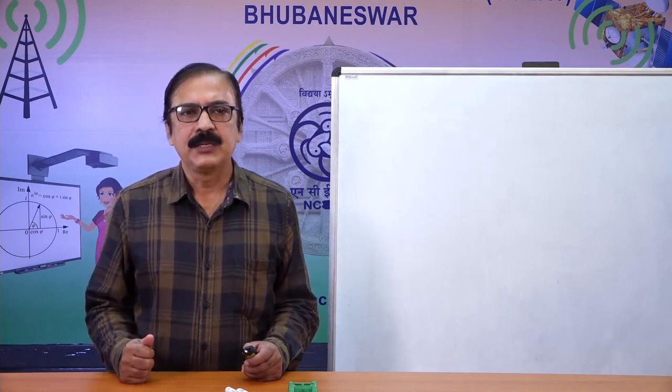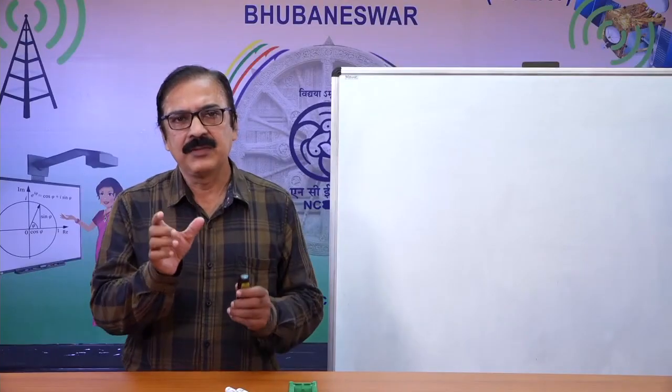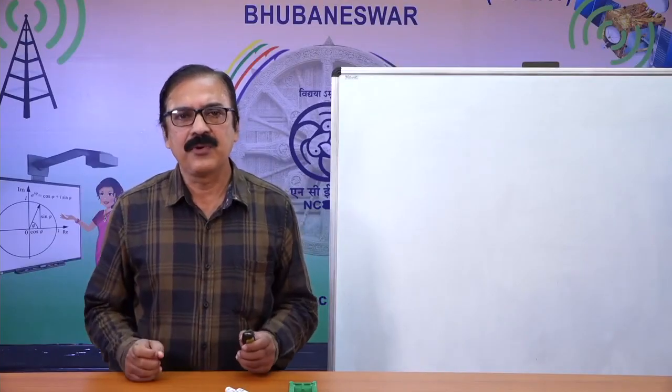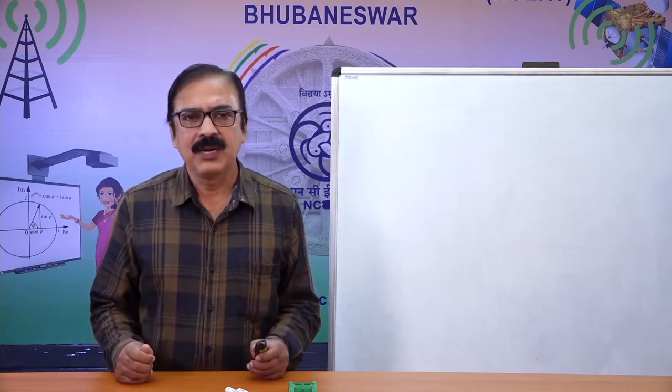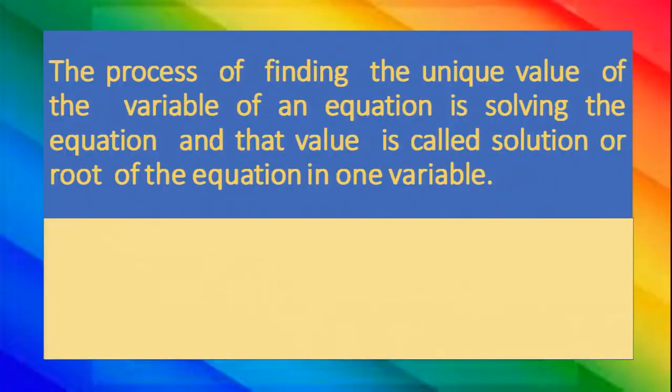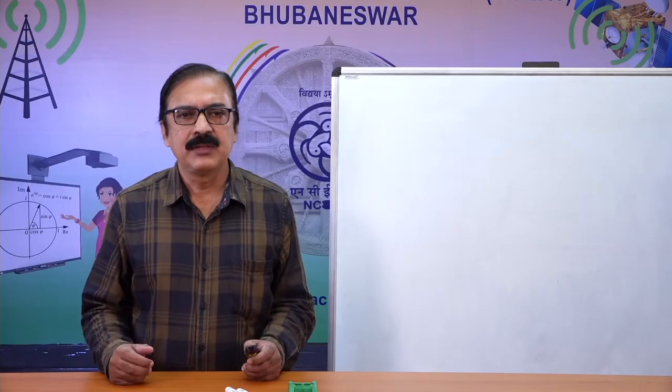So this process of finding the unique value of the variable of an equation is solving the equation. So whenever it is said to solve the statement, that means we have to find the value of the variable, and that value is called the solution or root of the equation in one variable.